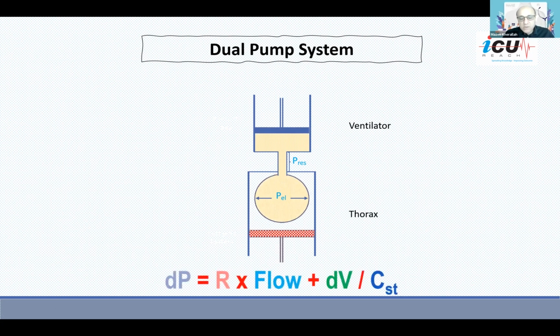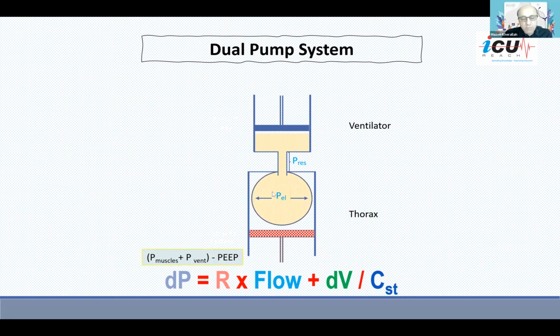And always put in mind the equation of motion that dictates how the air is going to flow into the chest. And that equation is actually the change in the pressure that should be equal to the resistance multiplied by the flow plus the change in the volume divided by the compliance.